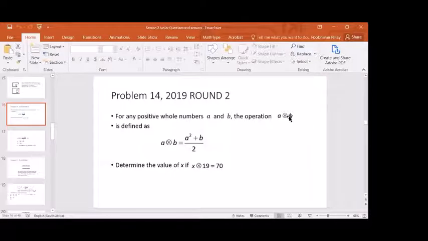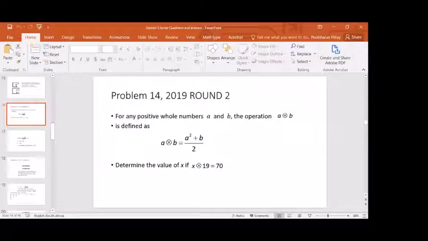What it says here is that for any positive numbers, A and B, positive whole numbers, you've got an expression, A something B. It looks like a multiplication or something like that. You can say it's just like A plus B or A times B or A minus B, but it's a new one, right? It's a new operation.